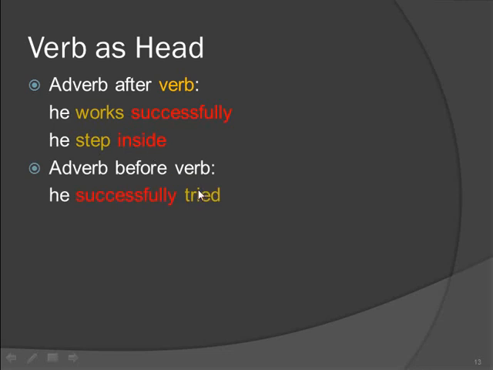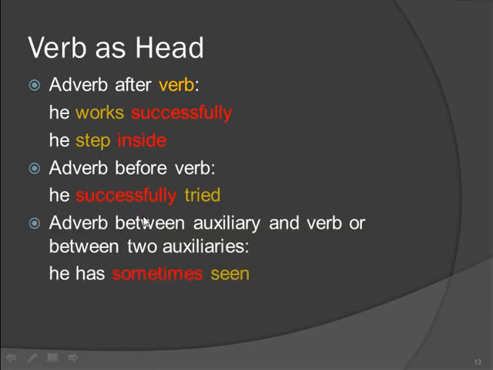And the position can be just like this: adverb as modifier of verb, and then followed by verb as head. Or the position can be like this: we have auxiliary, then adverb as modifier, and then followed by verb.